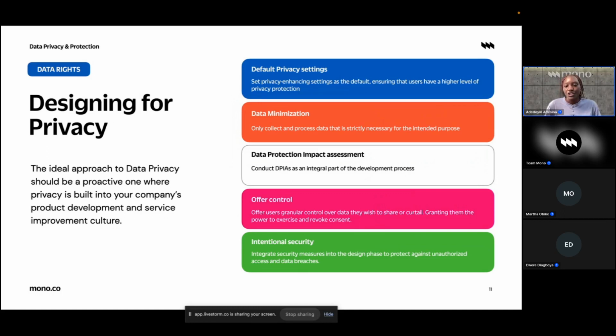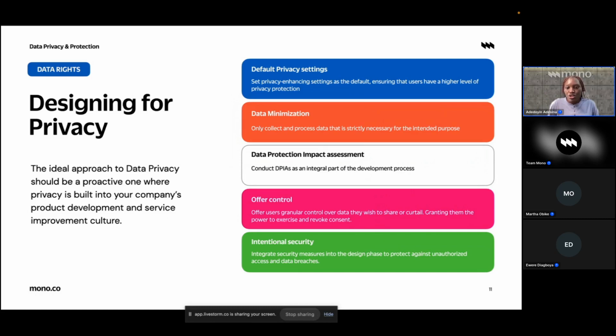So there is a concept that encourages organizations, businesses, no matter how small, no matter how big, you might have been in existence for 10 years, you might be thinking of having your own business. However, or wherever you stand on the scale, you should always have at the back of your mind that the ideal approach when you are building a product, when you are building a service, when you're thinking of having a business that would obtain from its customers personal information, is to build privacy features from the beginning.